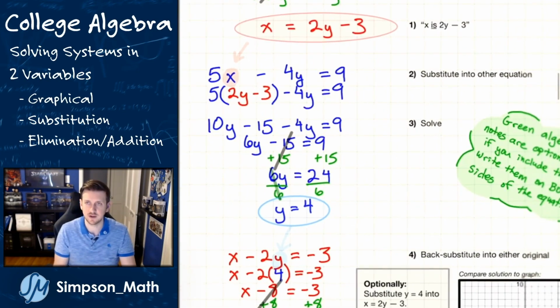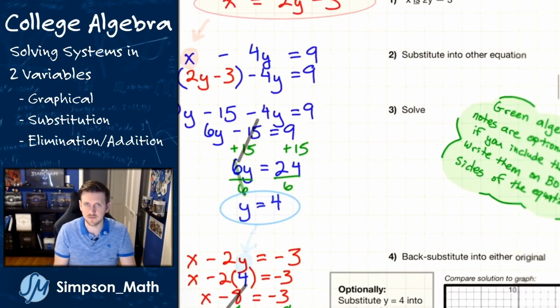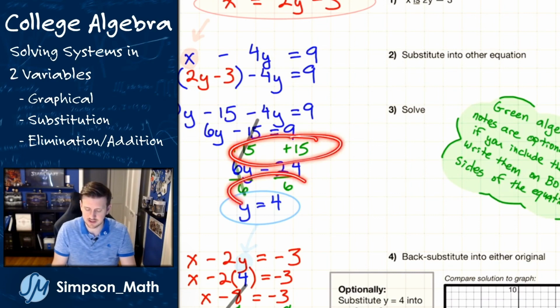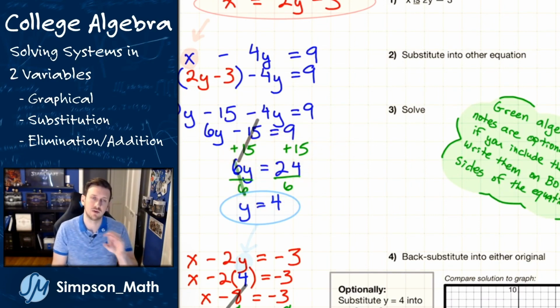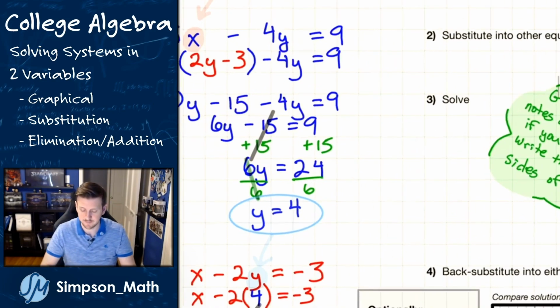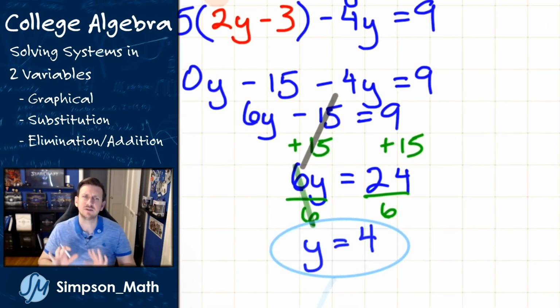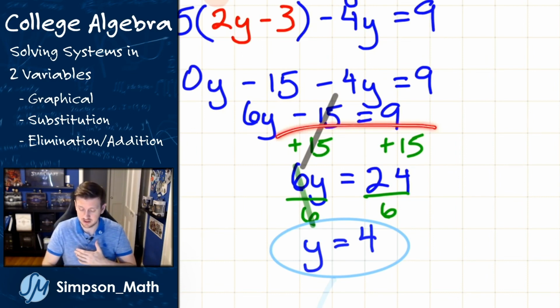I do have this note over here that in this lecture you're going to see me have the little algebra notations about plus 15, divided by 6, divided by 6. And I often do them in green. I just find it easier that way. But here's a little picky thing about me. If I'm working a problem by myself, I don't need that plus 15. I don't need that divide by 6.